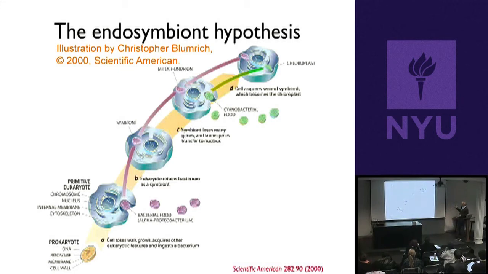And then the later endosymbiotic event that only happened in the lineage leading to plants and algae is that a cyanobacterium was eaten in the same way. Again, this agreement was set up in an evolutionary sense where that cell got to stay inside the eukaryotic cell. And that became the chloroplast. And the same thing is true. Chloroplasts have their own DNA, but they've lost a lot of genes.